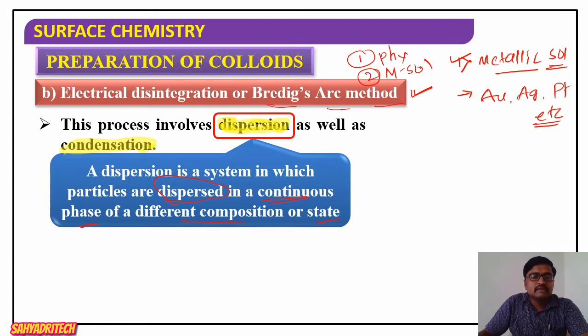Means dispersion is a system in which one type of particles are dispersed in a continuous phase of different composition or state. It is a phenomenon where particles are dispersed in a continuous phase.